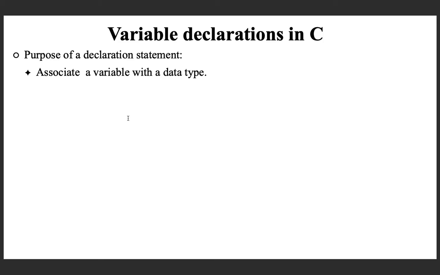You have to say that this variable is of the type integer or character. That's done by the declaration statement. And the other purpose is to reserve the required number of bytes in memory. If the data type is integer, then that declaration statement is actually a command to the system that you should reserve 2 bytes of consecutive memory for storing this variable.